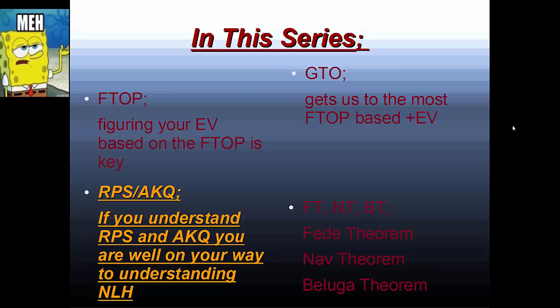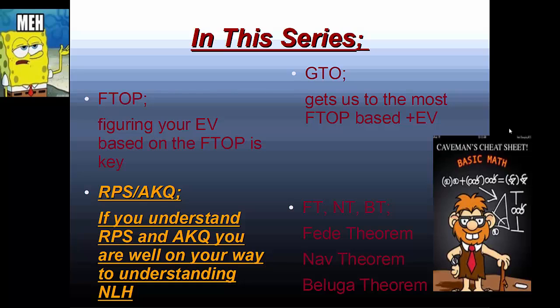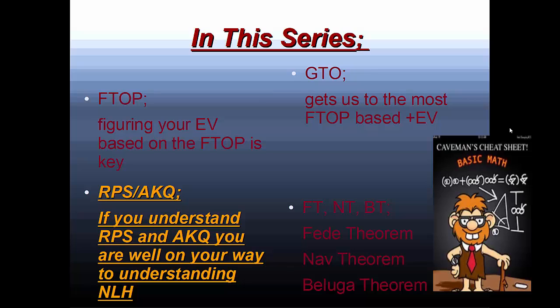the FTOP. Game Theory Optimal strategies, so GTO. RPS, and Ace King Queen, AKQ. It's hard to even say AKQ as often as I talk about the Ace King Queen game. These are useful tools for thinking about and conveying information, but maybe they're not usually actually abbreviated out like that.